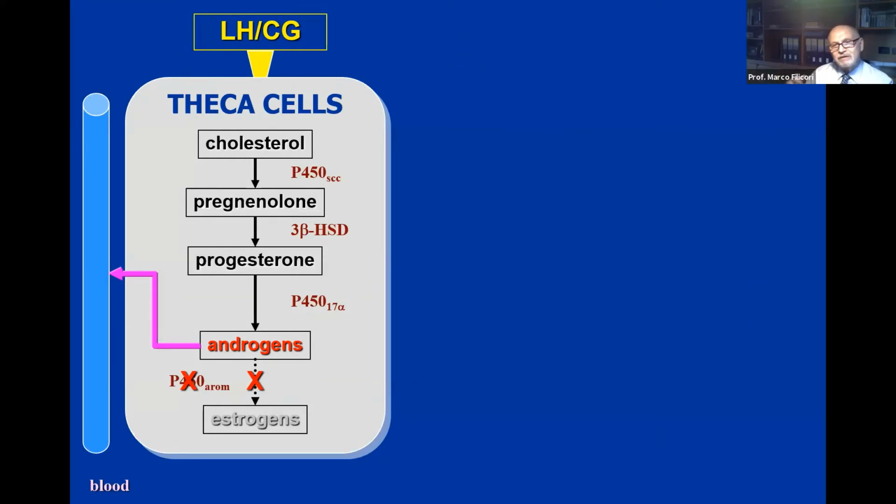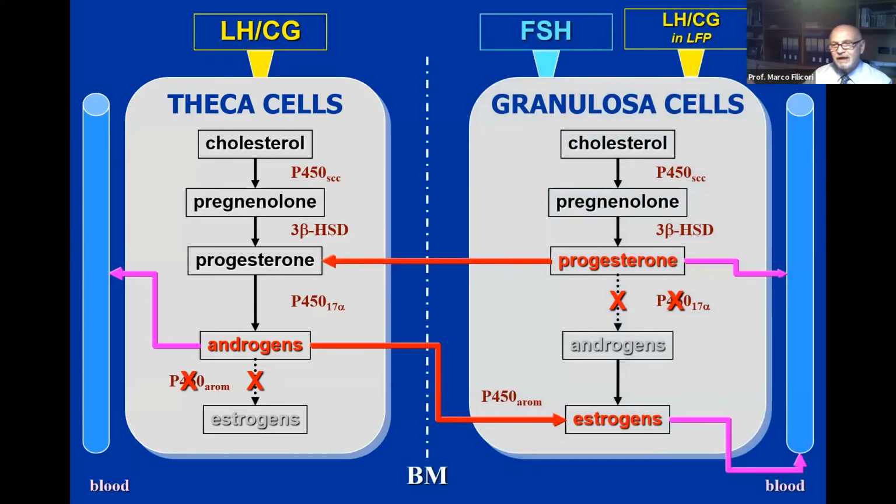Again, let's go back to the two-cell gonadotropin model. Okay, LH acts on theca cells and can induce the formation of steroids up to the level of androgens. Of course, there is no aromatase in theca cells, so androgens cannot be transformed into estrogens, and they can go two ways. They can either go in the peripheral circulation, that is what happens in polycystic ovary syndrome, or they can get into the granulosa cells to be transformed by the aromatase system, which is present in granulosa cells, into estrogens.